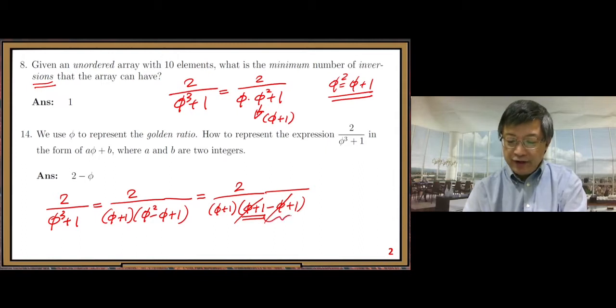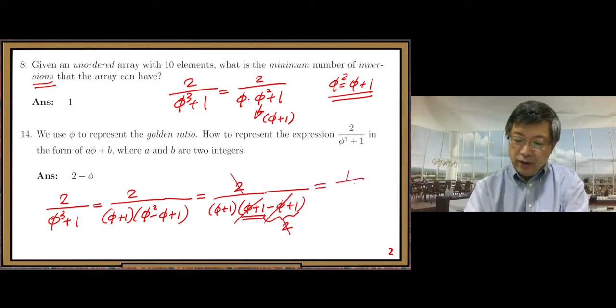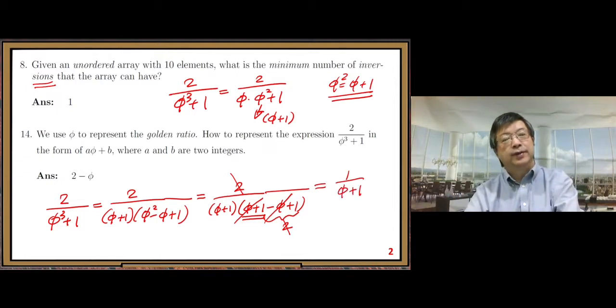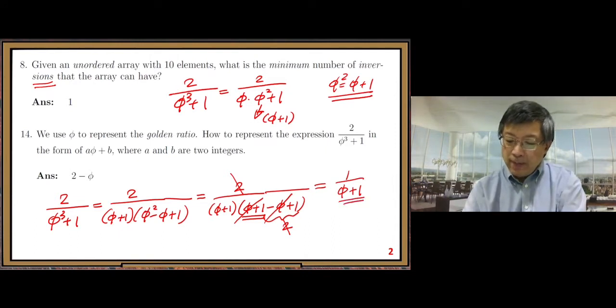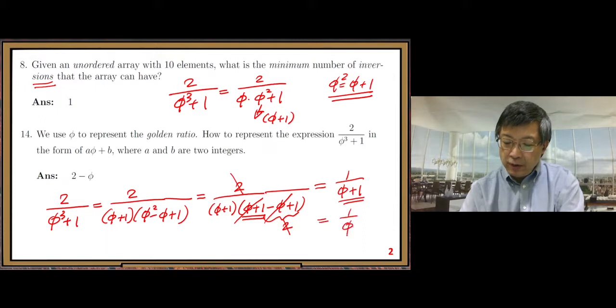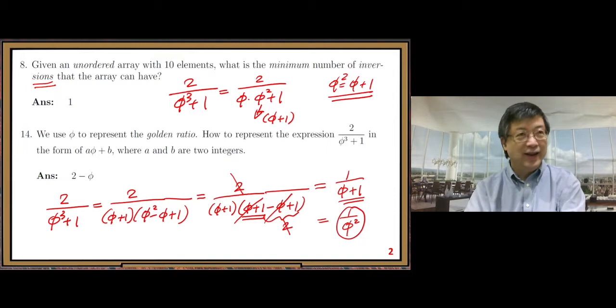So 2 left. Denominator, numerator, can you cross out? 1 over phi plus 1. Phi plus 1, phi plus 1. Can you use 1 over phi square? We can use 1 over phi square, right?